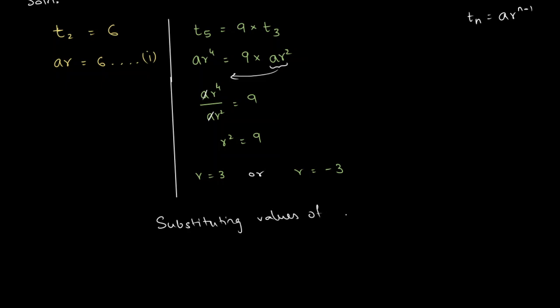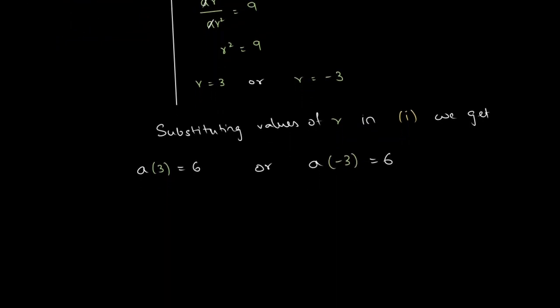When we substitute r equal to 3, we get a into 3 is equal to 6, or a into negative 3 is equal to 6.